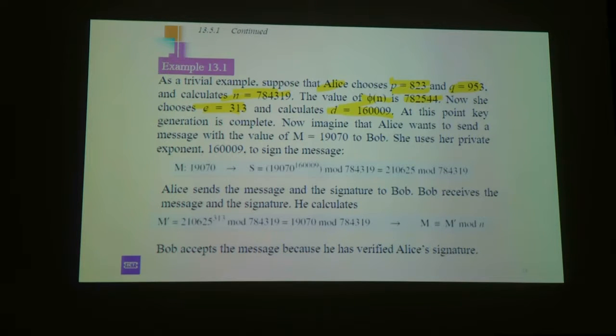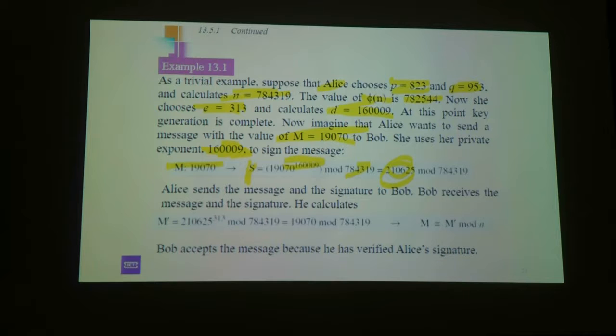Now imagine that Alice wants to send a message, with the value here. That's the message, 19070. To Bob, she uses her private exponent, D, to sign the message. The signature is the message, 19070, raised to the power of this number, mod N, and this gives you the result here.